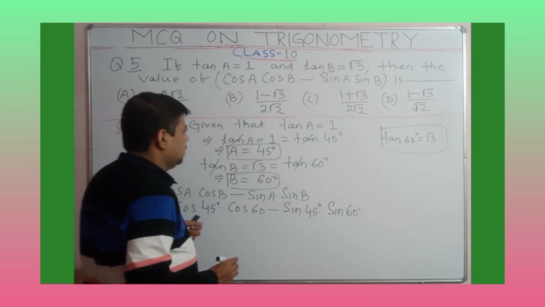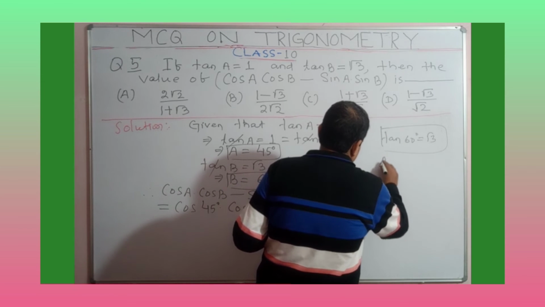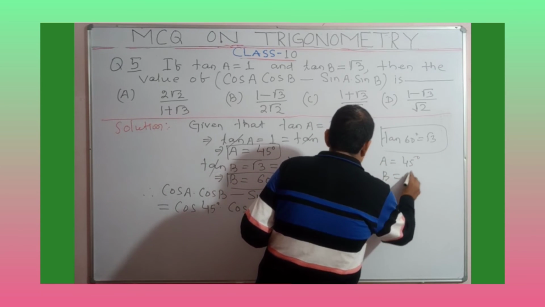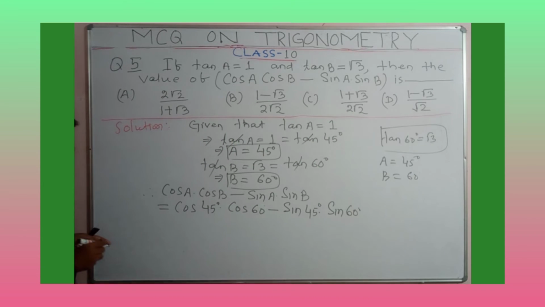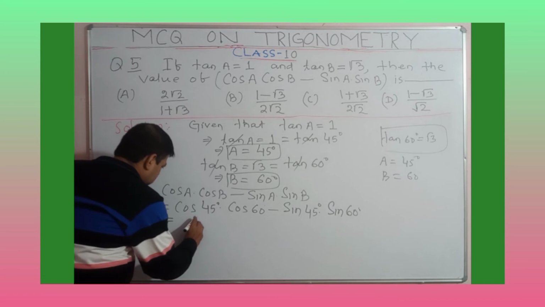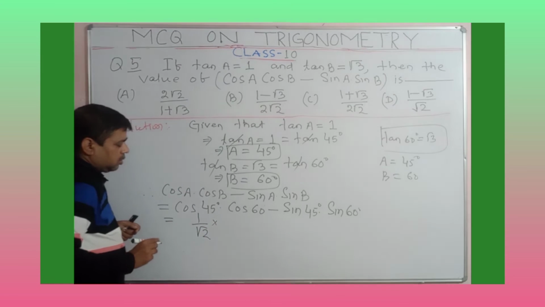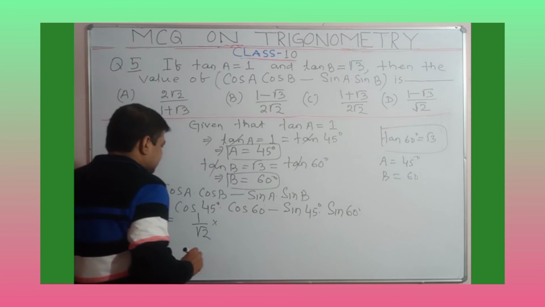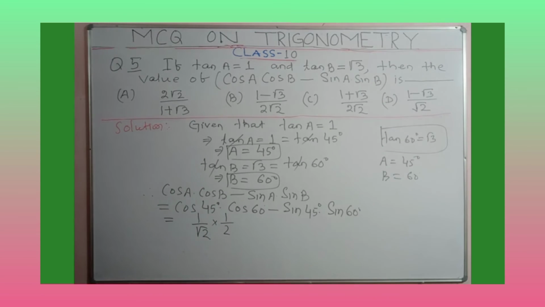We got A equal to 45 degree and B equal to 60 degree. Using the values of A and B in the given expression, let's simplify using the formulas. Cos 45 you all know is 1 upon root 2, into cos 60 degree. Cos 60 degree is 1 upon 2.